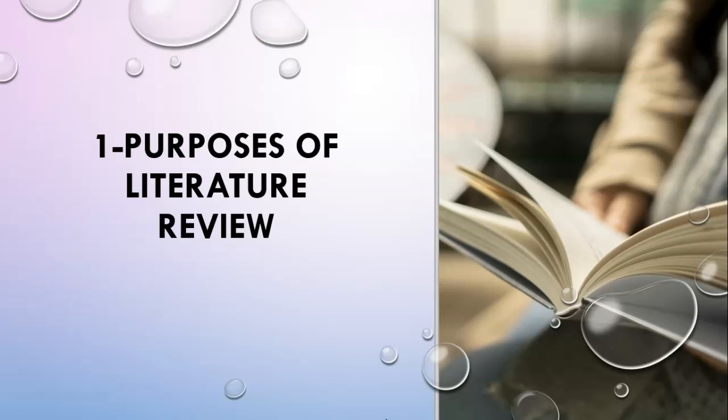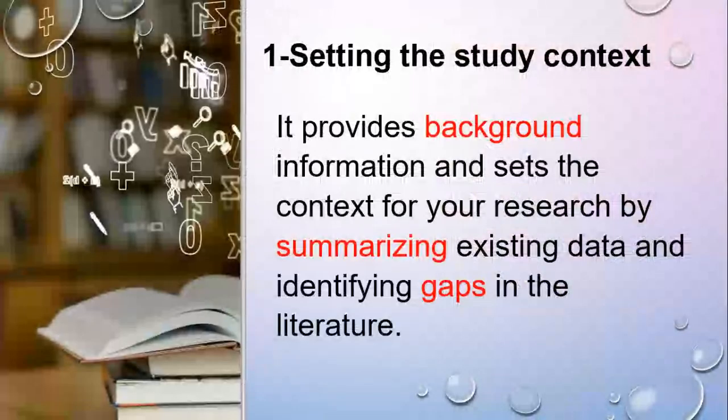We cannot cover everything actually, but we try to highlight some of the important purposes. The first purpose of conducting a literature review is setting the study context, or what we refer to as contextualization, because a literature review provides background information and sets the context for the research.